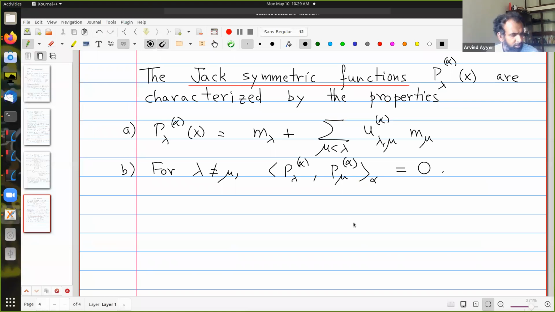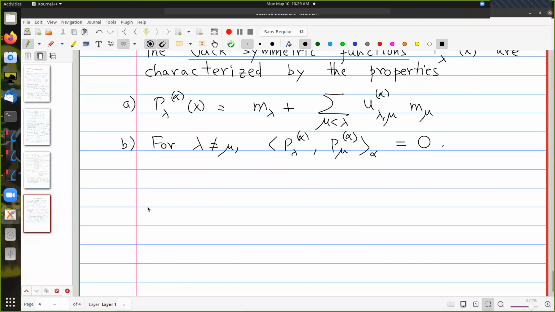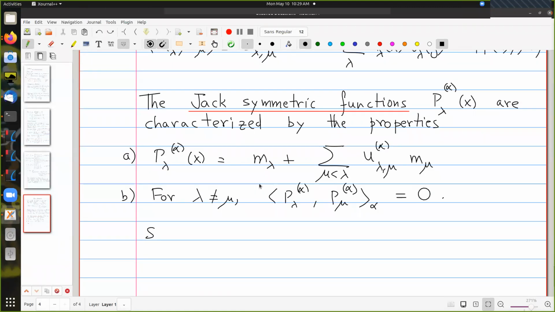Okay, so I started late, so maybe I'll give one motivation for the Jack polynomials. It's not really the original motivation at all, but let me say something about the Selberg integral. By the way, the characterization is unique, but then you have to prove existence. Yes, exactly, that's the interesting part. And as I mentioned, even for the Hall Littlewoods a characterization like this holds, for the p lambdas where you replace alpha by t.